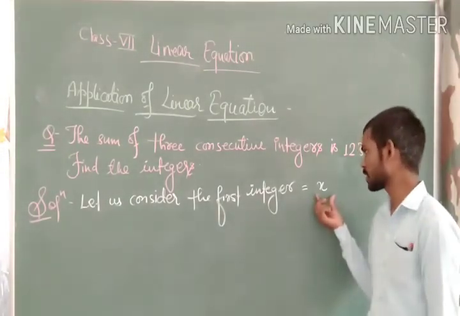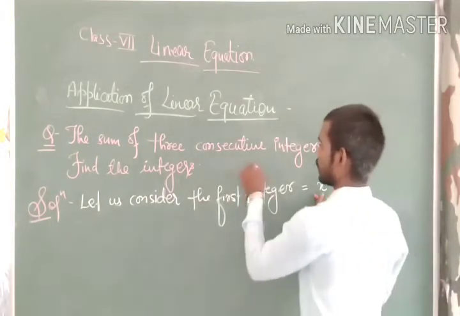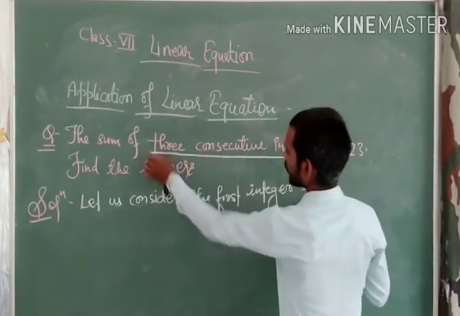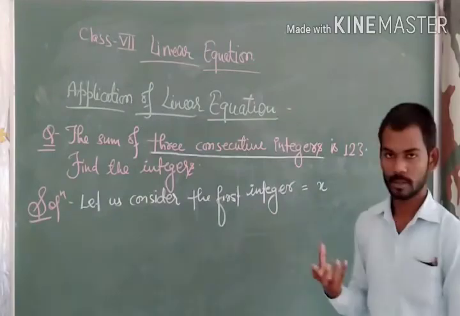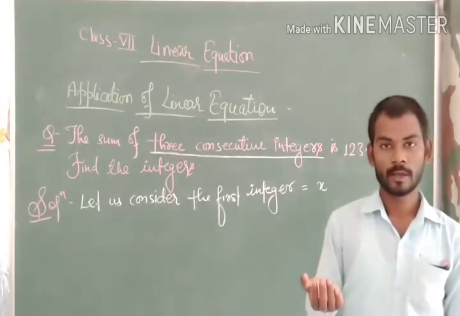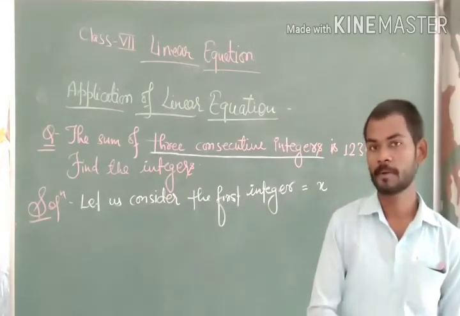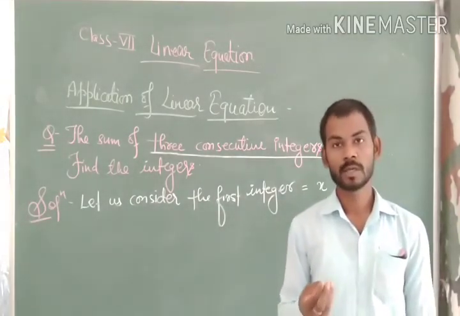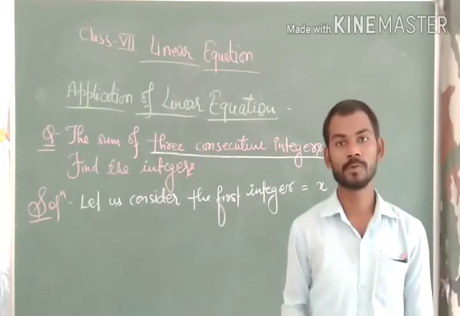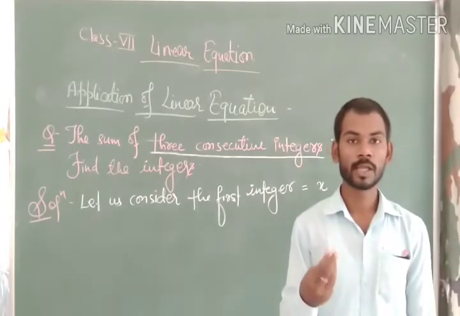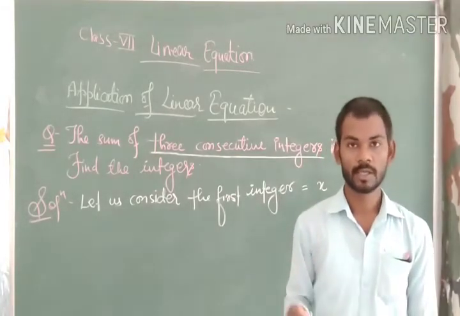If the first integer is x and the problem is three consecutive integers, consecutive means the numbers which come one after another, like 1, and the number that comes after 1 is 2, and the number that comes after 2 is 3.